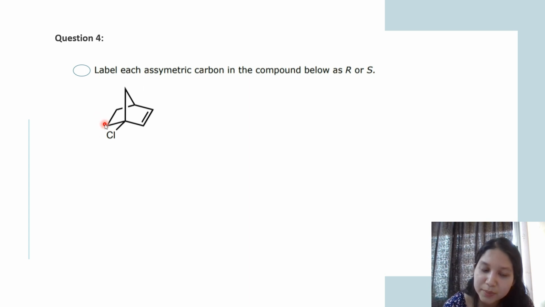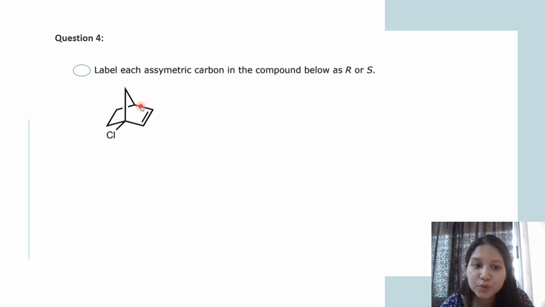So following the atomic number rule, between these two we will give higher priority to the substituent above. So we will have this one as the second priority group and this one will be the third priority group, and the hydrogen present at the equatorial position will be of fourth priority.